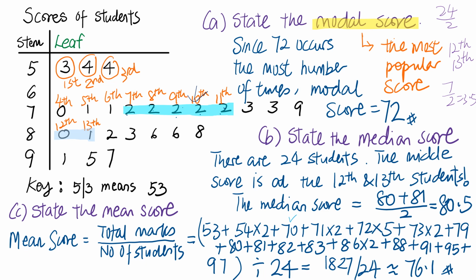And that's 271. So 71 times 2. They are 1, 2, 3, 4, 5, 72, so 72 times 5, and so on and so forth. You get the total 1827 divided by 24 students. So the mean score or the average score is 76.1, and that is a distinction, right?